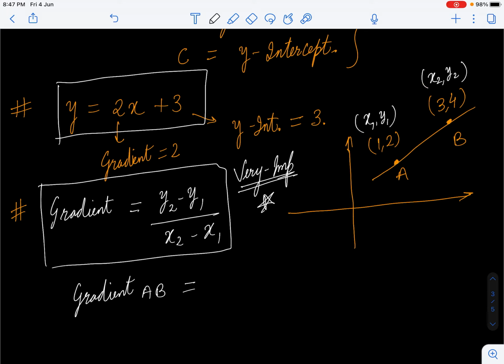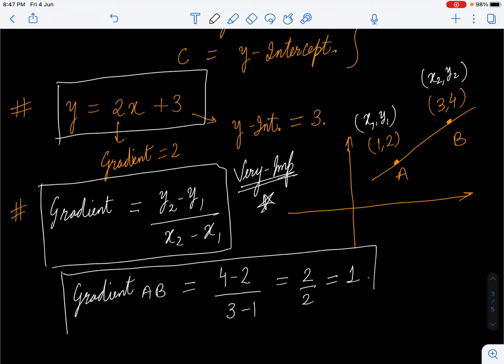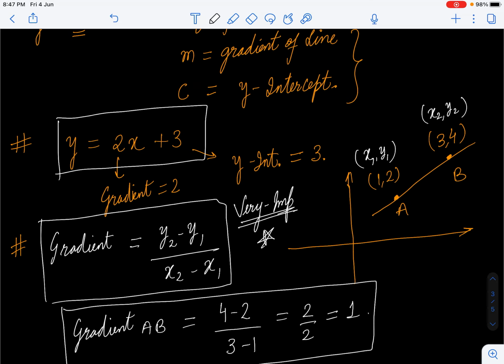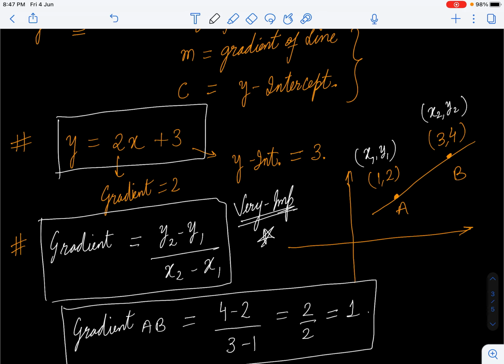The gradient of line AB will be y2 minus y1, that is 4 minus 2 divided by 3 minus 1, which is 2 divided by 2, which is 1. So this is the second form: finding the gradient using 2 points on the line. You might have learnt this in grade 10.